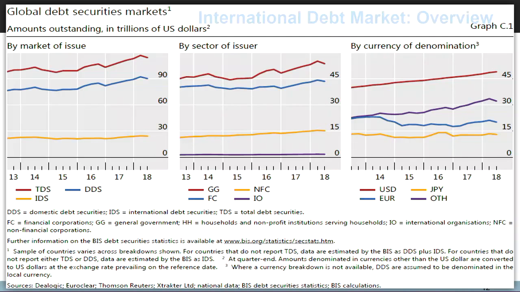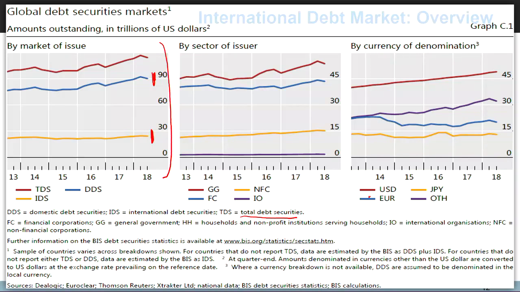So in the first panel, we can see which of the markets issue international debt the most. So the red line is TDS. TDS is total debt securities. And the DDS is the domestic debt securities, and the yellow line is the foreign international debt securities.